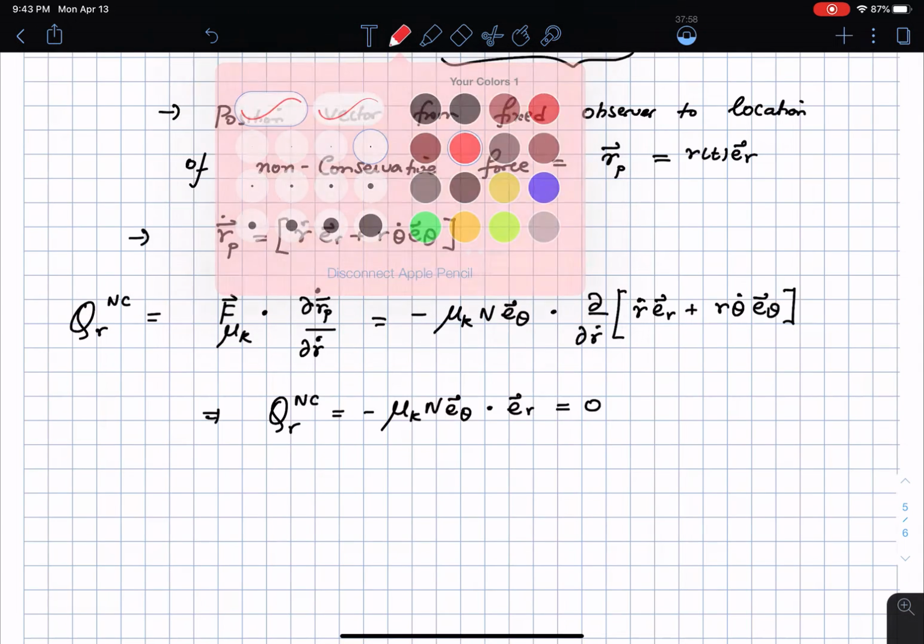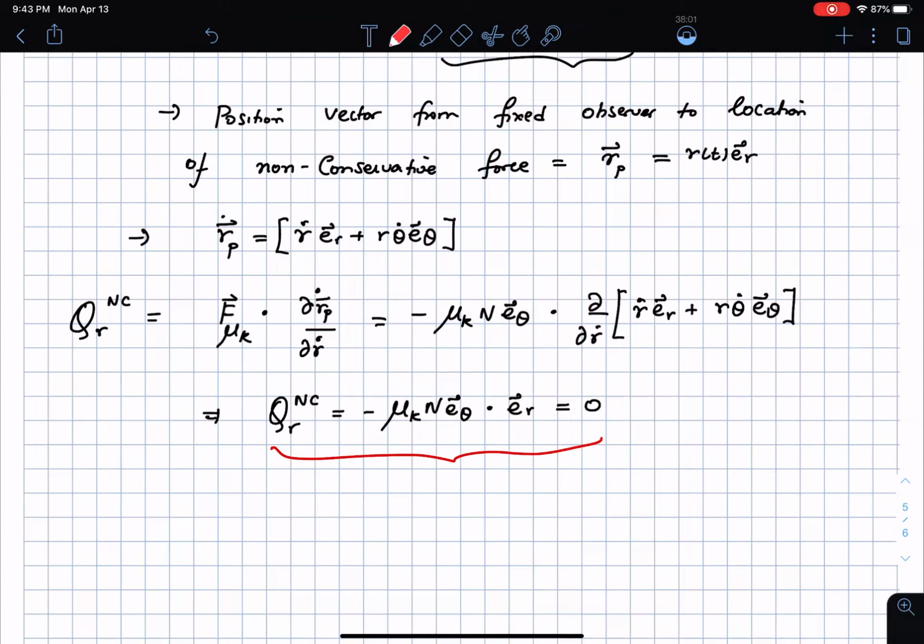Since the friction force is in the theta direction, it affects only the theta equation.